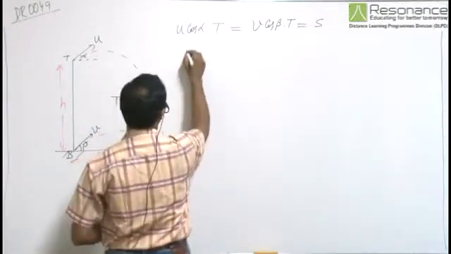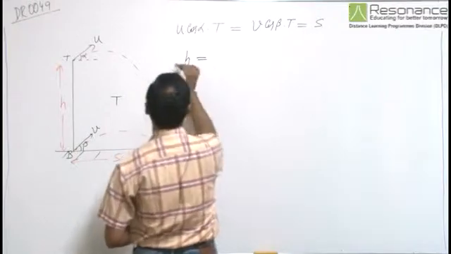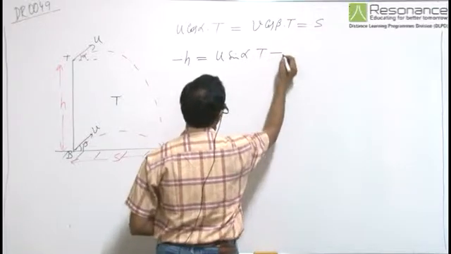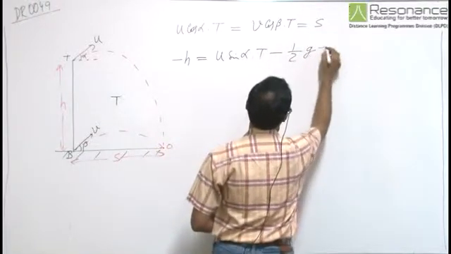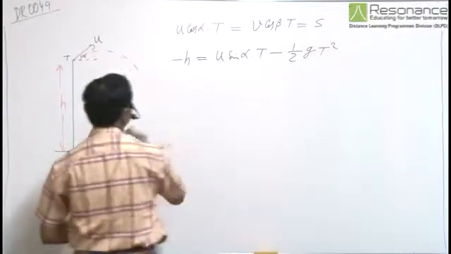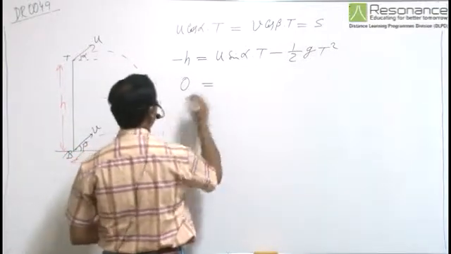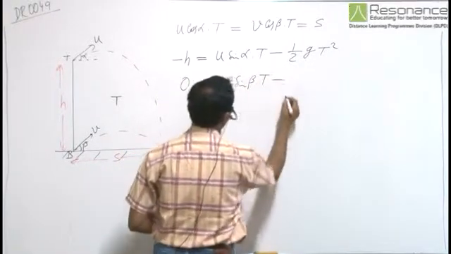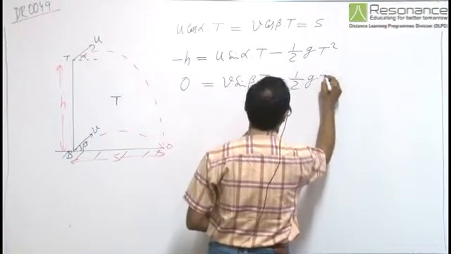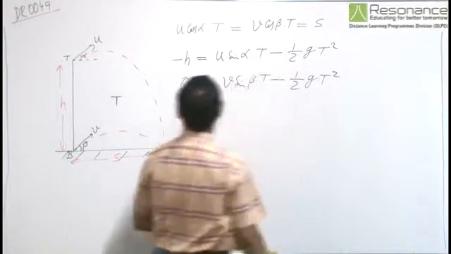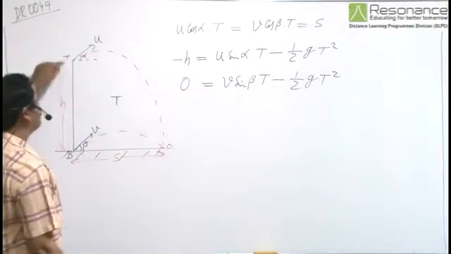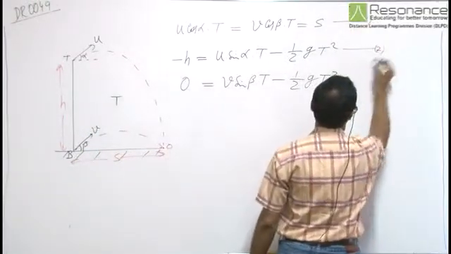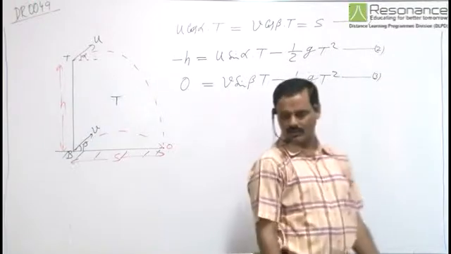So for this we can write minus h is equal to u sine alpha into t minus half g t square, and for the other particle 0 is equal to v sine beta into t minus half g t square. So these are the equations for the particle from the top and from the bottom. This is our equation 1, this is 2, and this is equation 3.